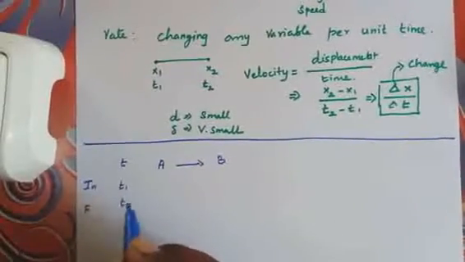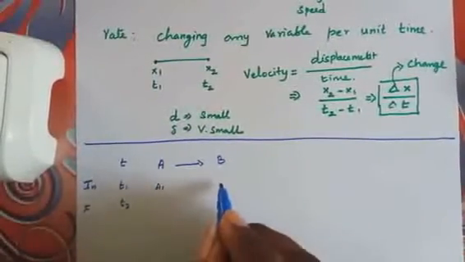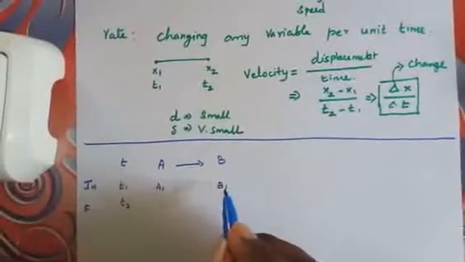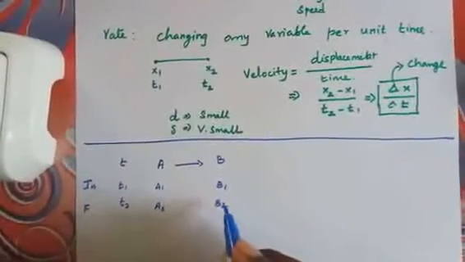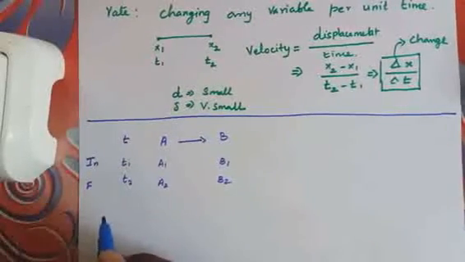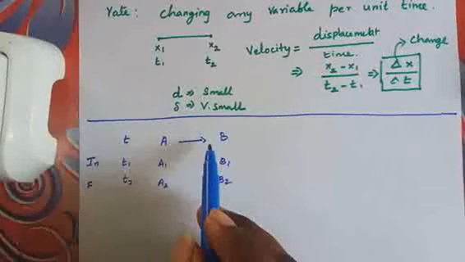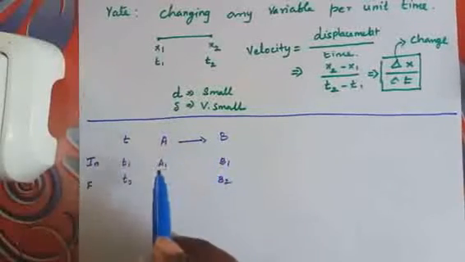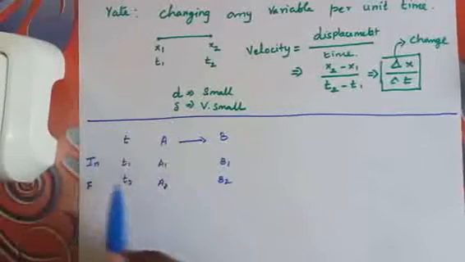And the concentrations of the reactant and product are noted as A1, B1 for initial, and A2, B2 for final. In this case, we can determine the rate of the chemical reaction by calculating the change in concentration of the reactant or product between initial and final, with respect to time change.